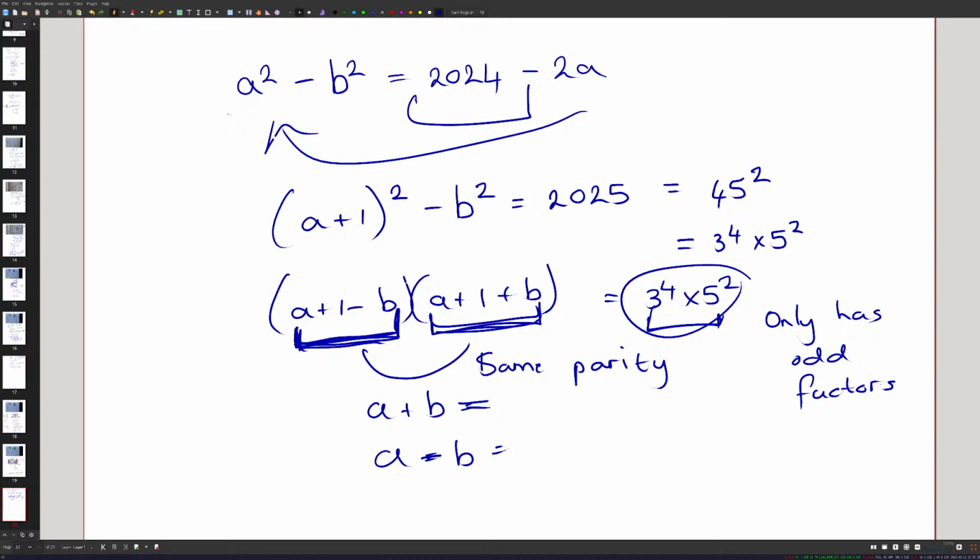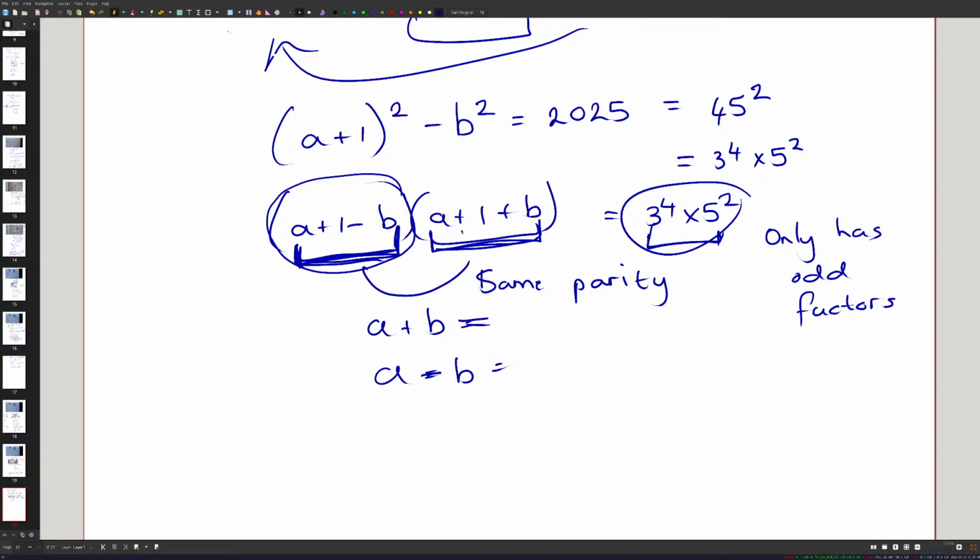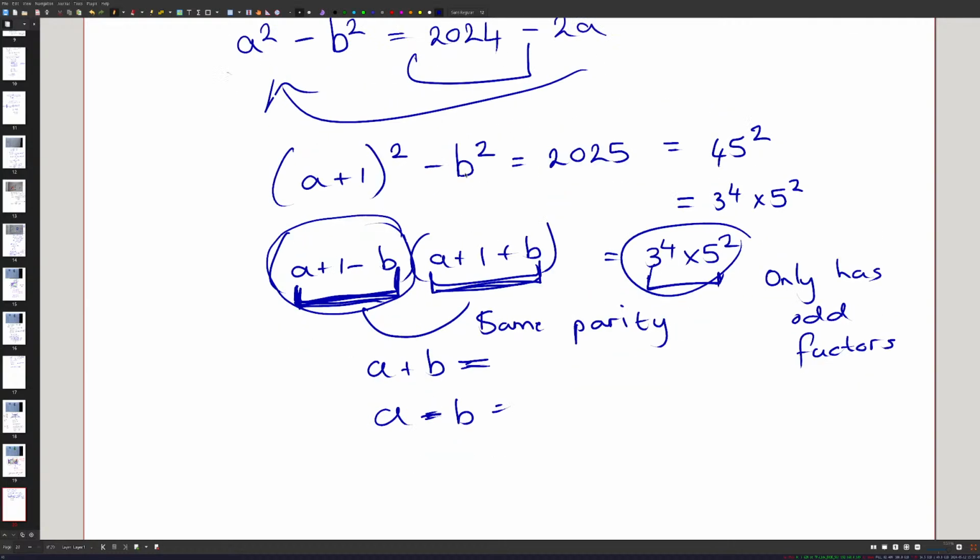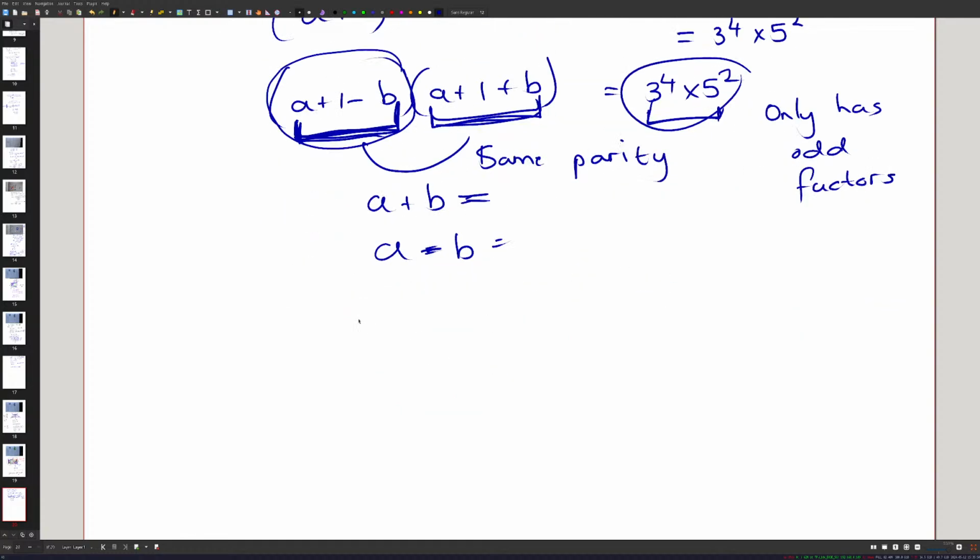So the only restrictions now is we don't include the pair 1 times 2025, because then a will equal b. And in the version where we have 45 times 45, we're going to get b is equal to 0.